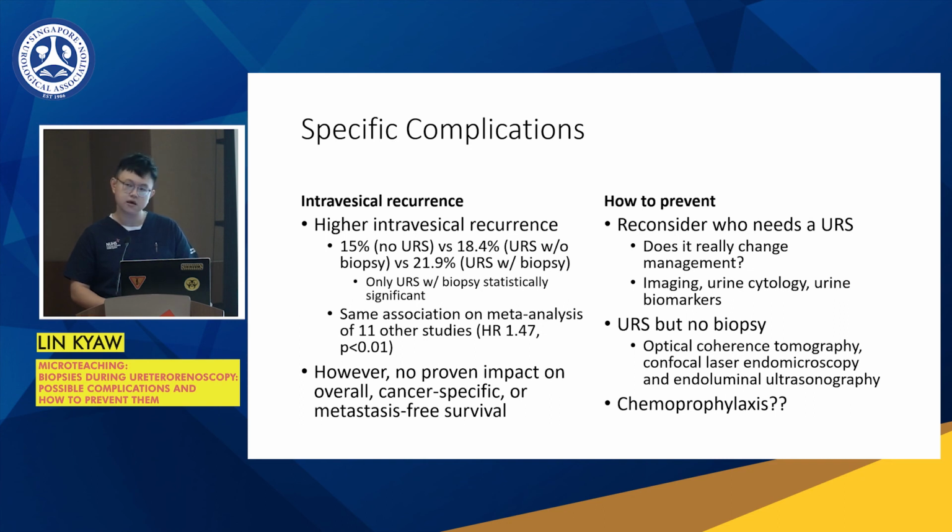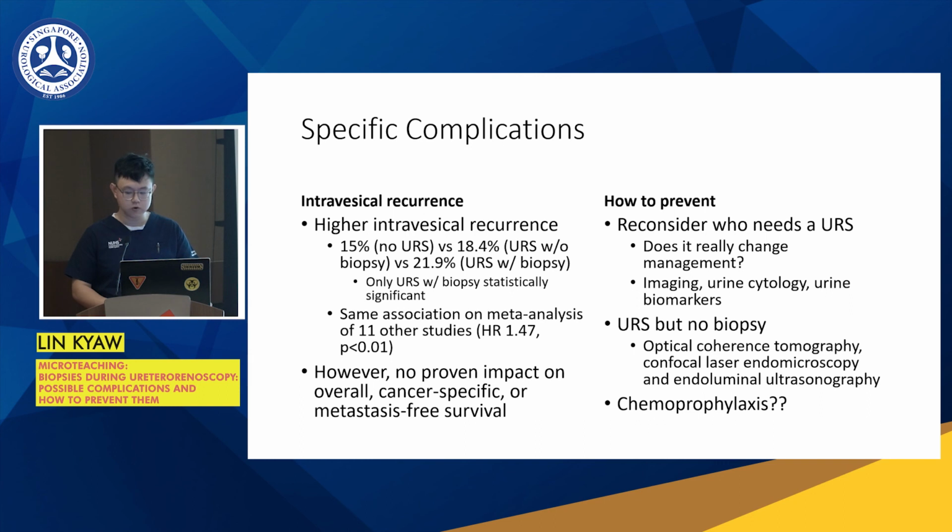So there is this topic about chemoprophylaxis after a URS biopsy. We know that there is level 1 evidence, meta-analysis of RCTs, that a single instillation of intravesical chemo after TURBT decreases recurrence.